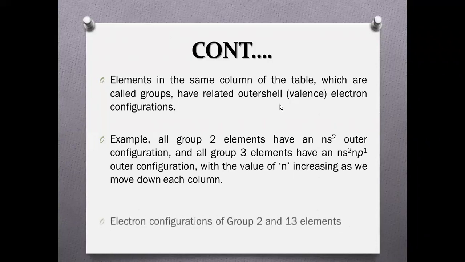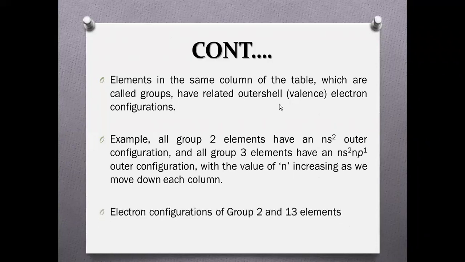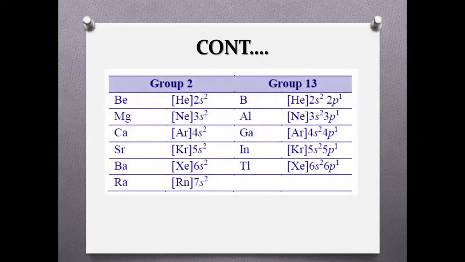So the electron configuration of group 2 and group 13 elements is given here. So look at this one. We know the configuration, we know how to write this. Whenever we speak about group 2, that means the valency electrons should be 2. Can you check this is 2? Can you see?